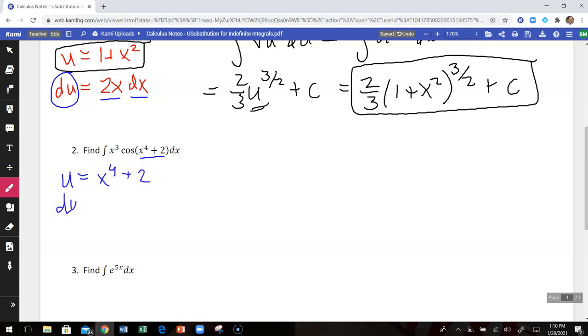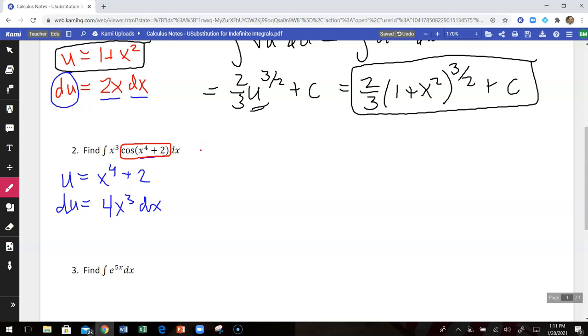The next step I always have to write down is, what is du? What is the derivative of that? du is 4x cubed dx. Okay, well, what did I have outside of that function that I let u equal? So u was x to the 4th plus 2, and that was plugged into this cosine function.